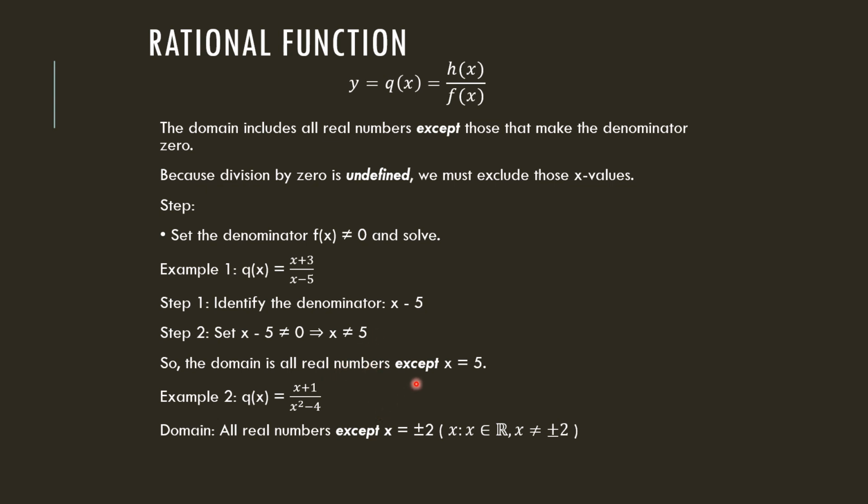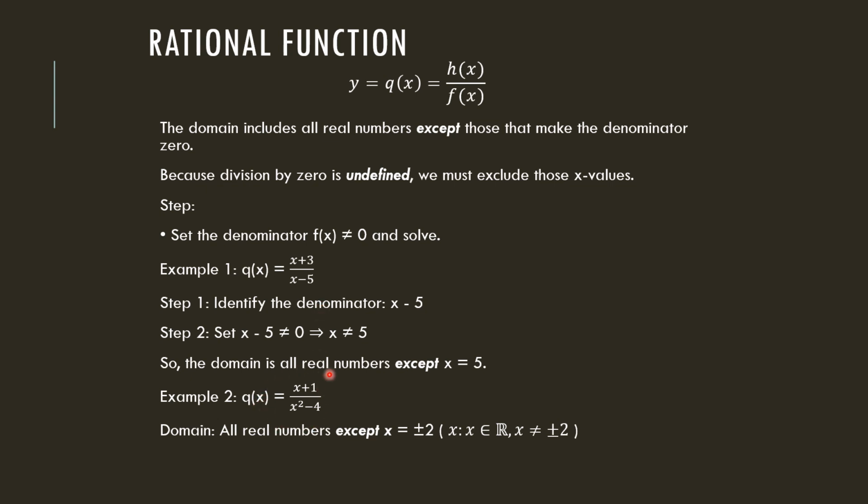So if I want to write the domain, it means that I can use any input from the real numbers, but I will not be able to get an output or an image for the input 5. It means that this particular function is such that we can't use 5 as a substitute for x.